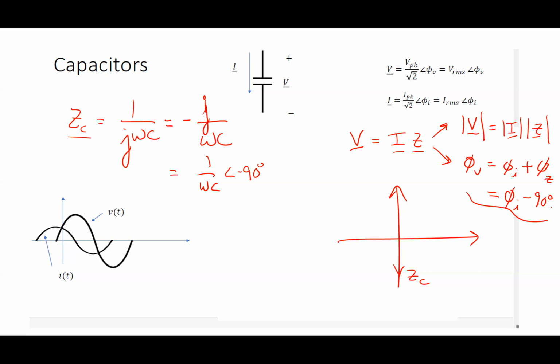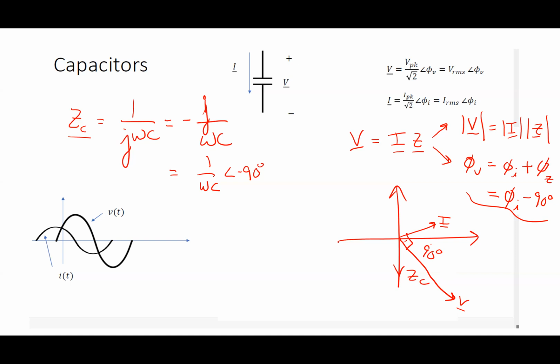I had to basically pull this 90 degrees in that direction to get to the voltage. That's what this statement says. So in this picture, I is over here, and V would be over here, and the angle between them would be 90 degrees.